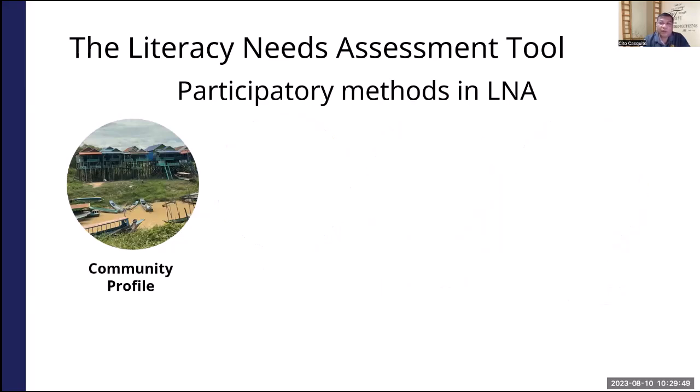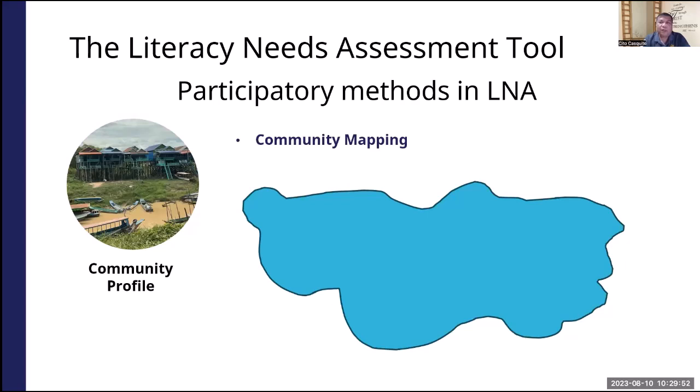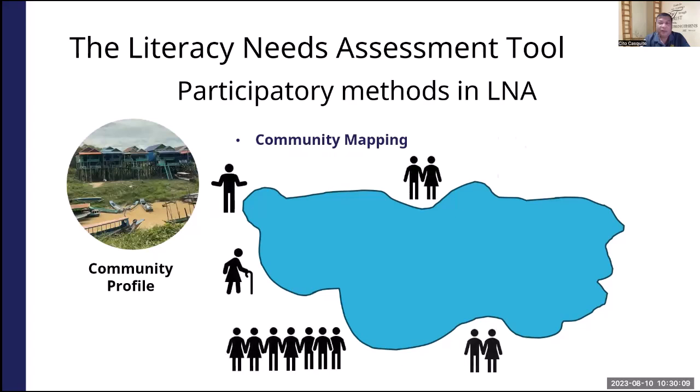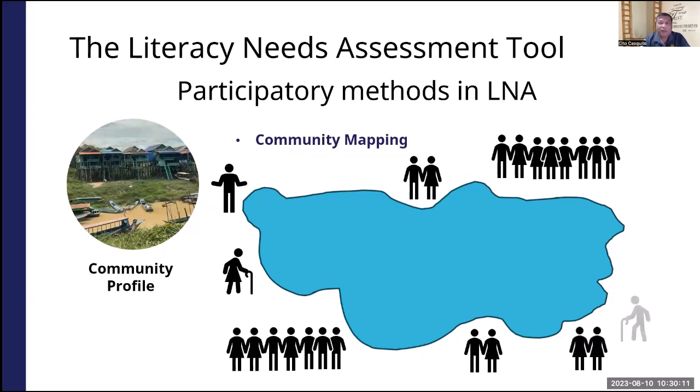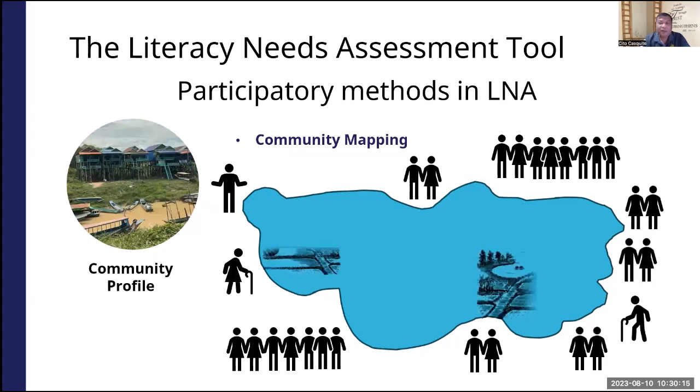For community profile, what we can do is a community mapping. We can do this by making, for this is a dummy community, by the way. So we can, for example, draw a map of the community, and then we can gather several stakeholders around the map, and we ask them questions, we engage them, and then we can ask them to draw the different landmarks in the community.